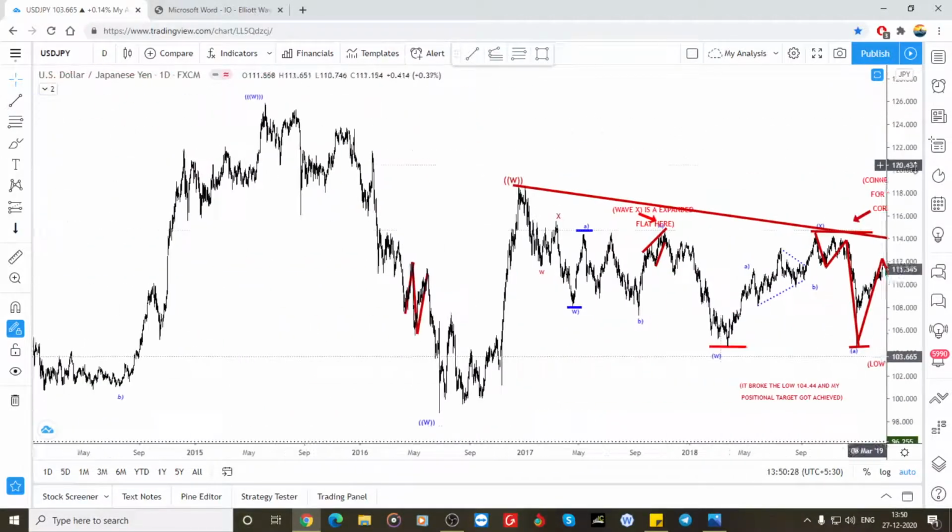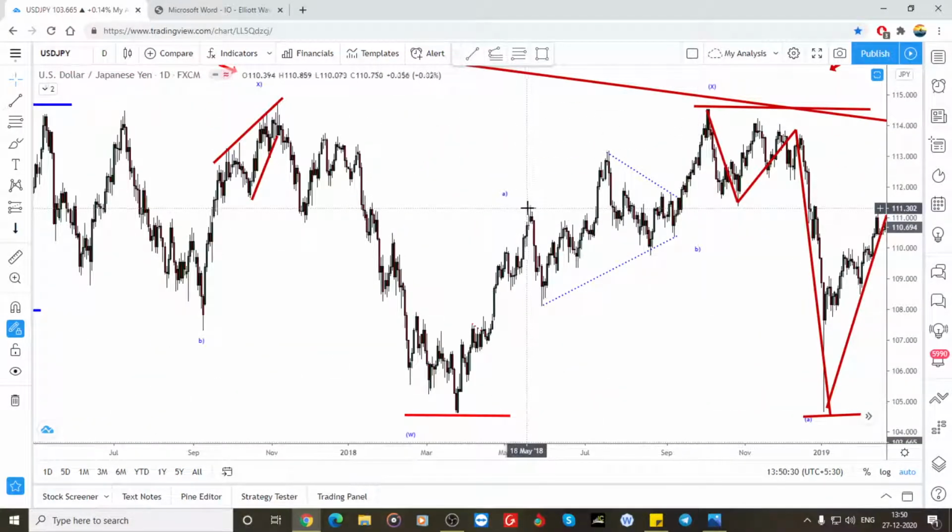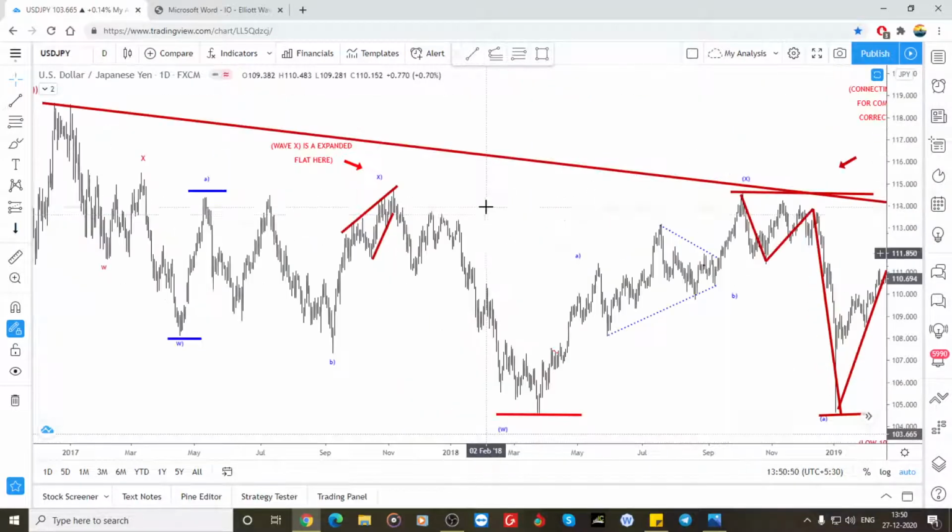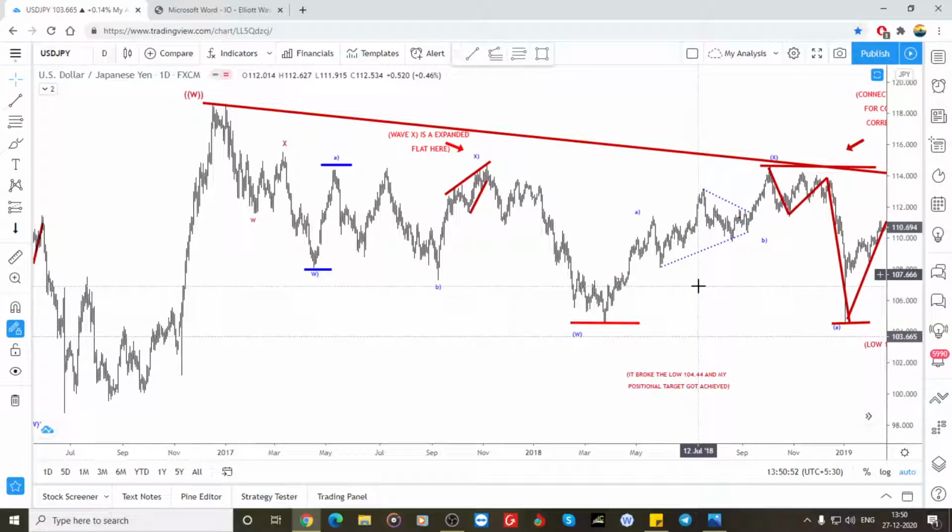Yeah, it's here. A, B, C, D, E: each wave has a three-wave structure, and this is also a running triangle for the continuation of the trend. So this is the A, this is the B and C. So this is also a running triangle.